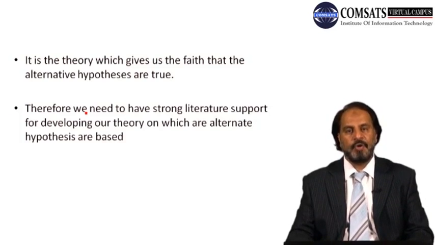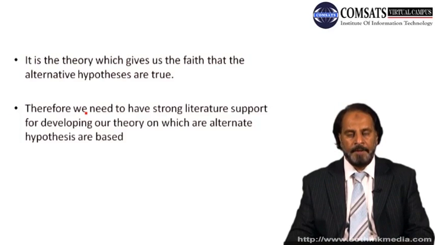What is the relationship? Logically we talk about it, and then with the help of literature we support that logic and say that there is a relationship, and then we develop two types of hypotheses there, whereby we develop a null hypothesis and then the alternate hypothesis.